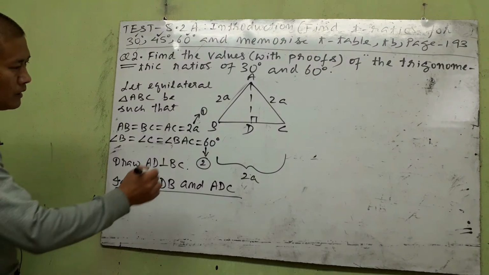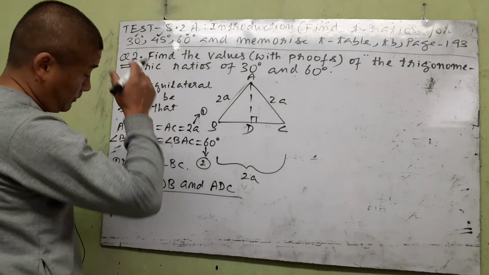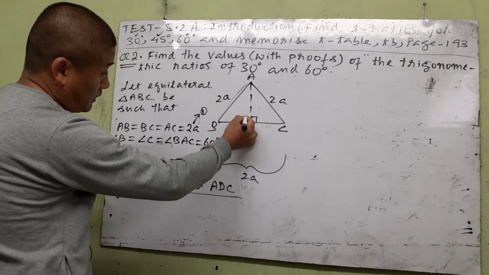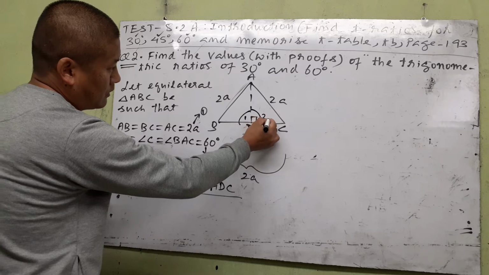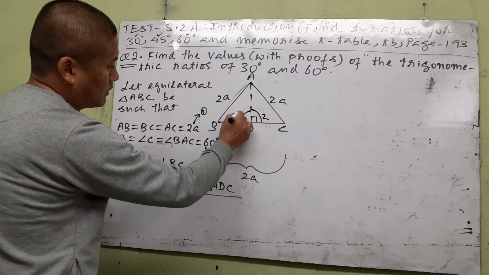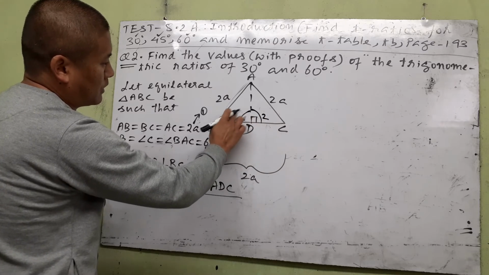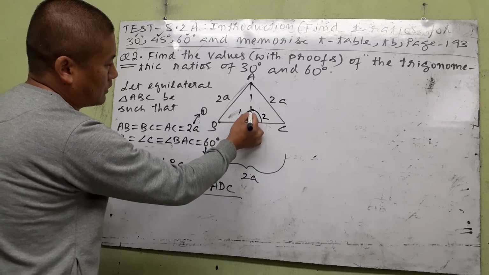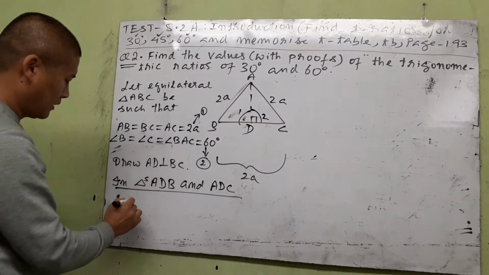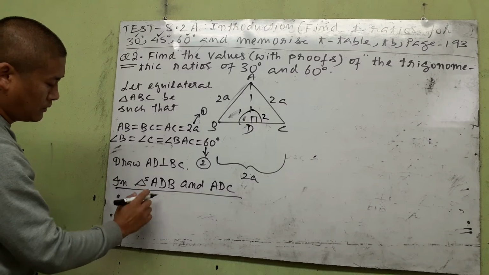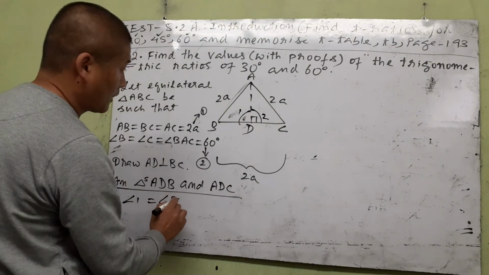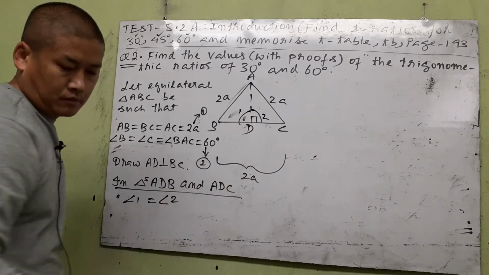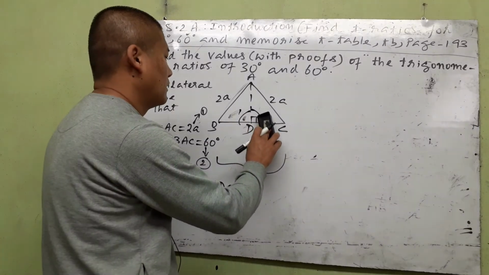So here, let us do this. Let us put this one as angle 1 and this one as angle 2. Maybe you can put your angle 1, this one, from here to here. ADB is angle 1. So angle 1 inside triangle ADB equal to angle 2 inside.